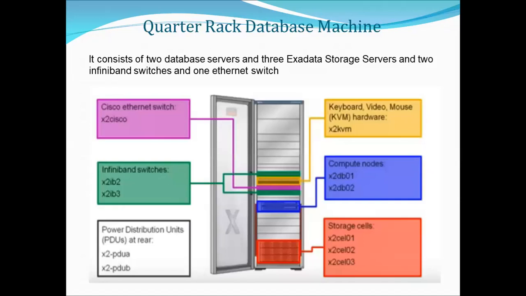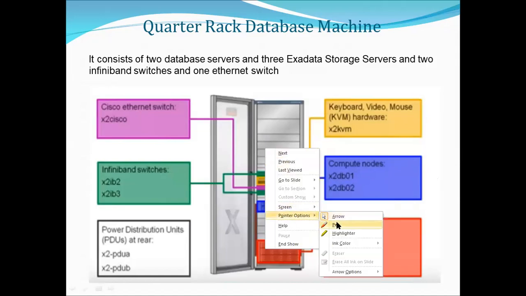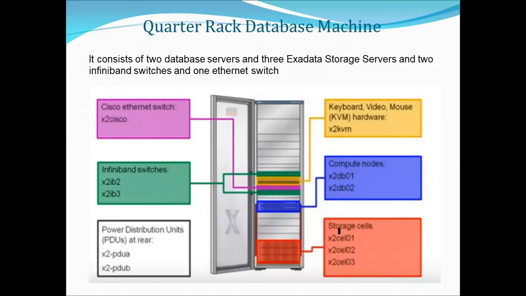Now the quarter rack. In the quarter rack you get 2 database servers, 3 Exadata storage servers, 2 InfiniBand switches, and 1 Ethernet switch. The keyboard, video, mouse, KVM hardware is placed here in this box.